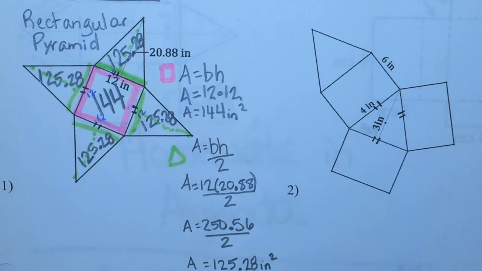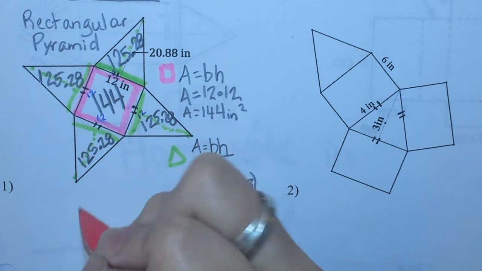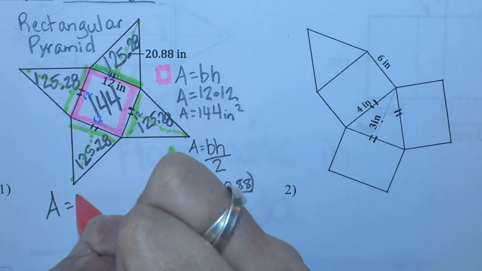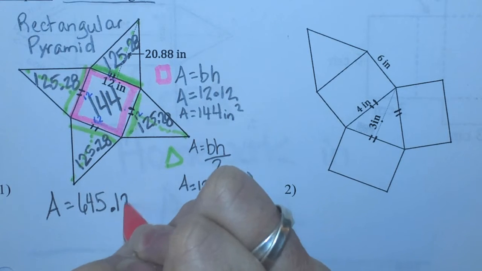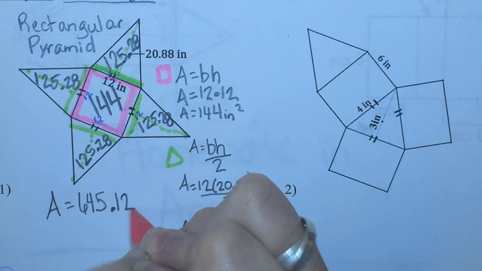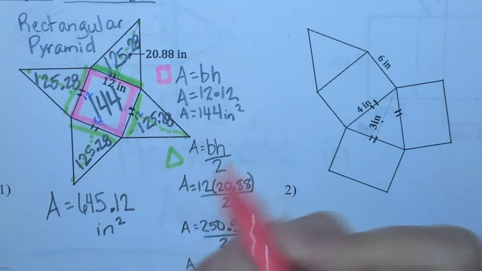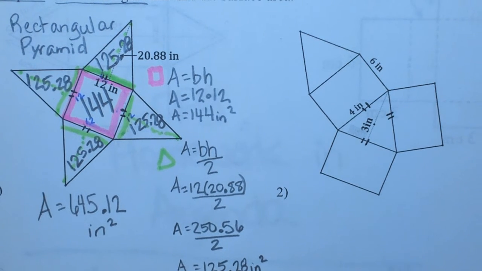So, what I've been doing is 125.28 times 4, and then adding in the middle number of 144. So, my final area is 645.12 inches squared for that area.